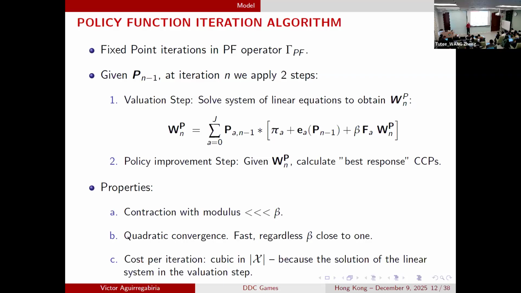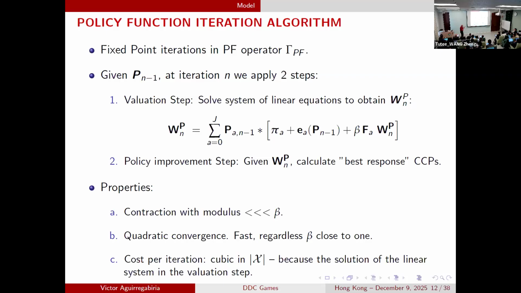Then eventually, if we consider what is the optimal algorithm when we increase the number of state variables in our model, eventually value function iteration will be better than policy function iteration, because the cost of policy function iteration will increase cubically, versus value function iteration that increases linearly.